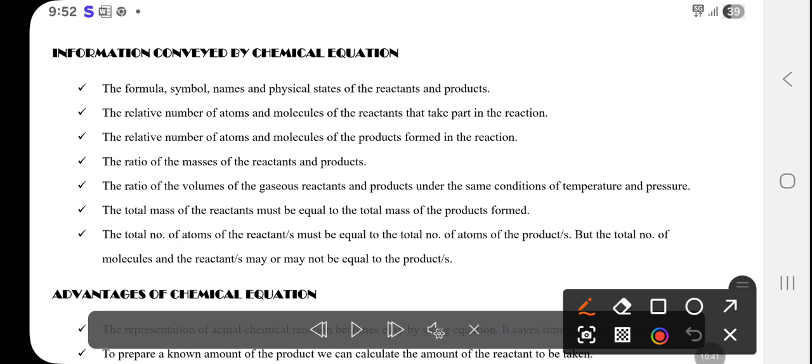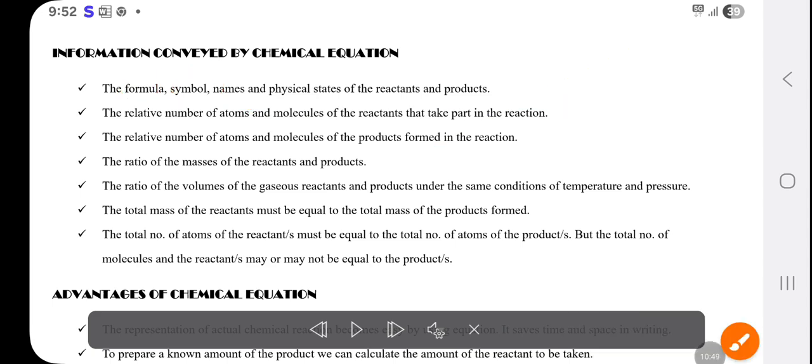At first, the formulas, symbols, names and physical states of the reactants and products are known from the equation.